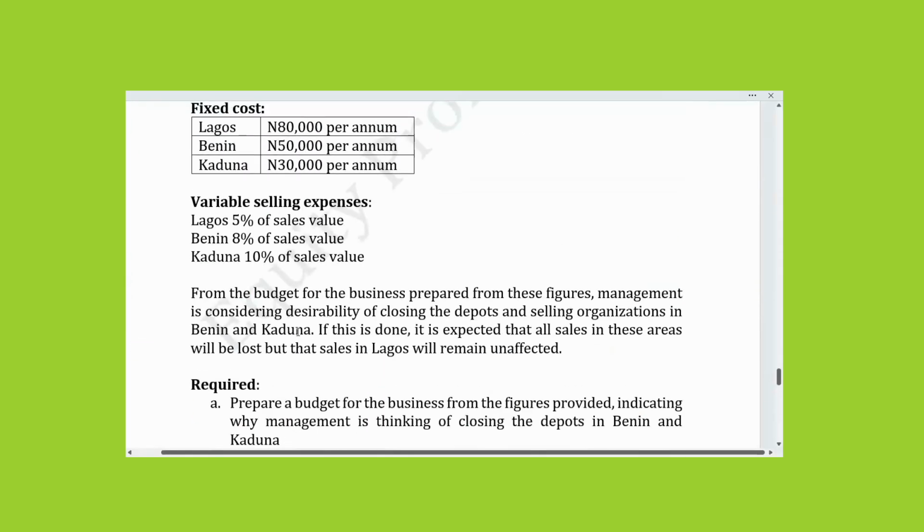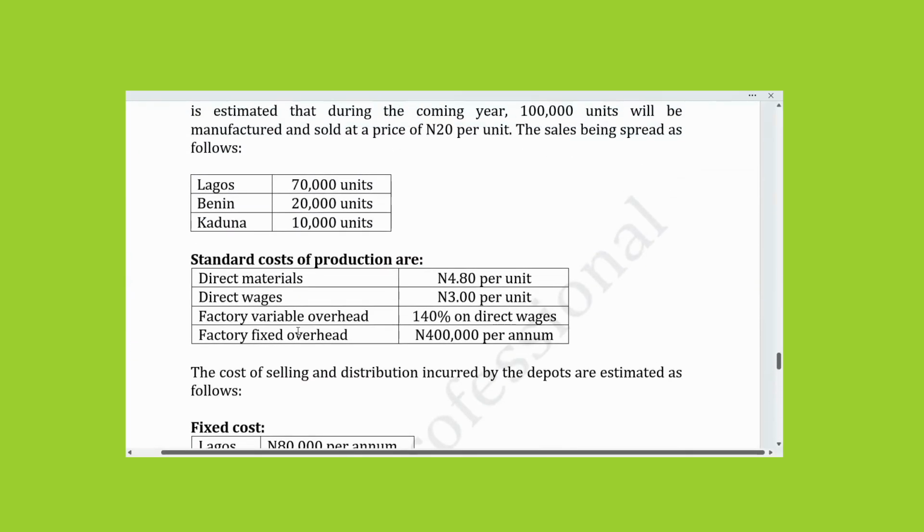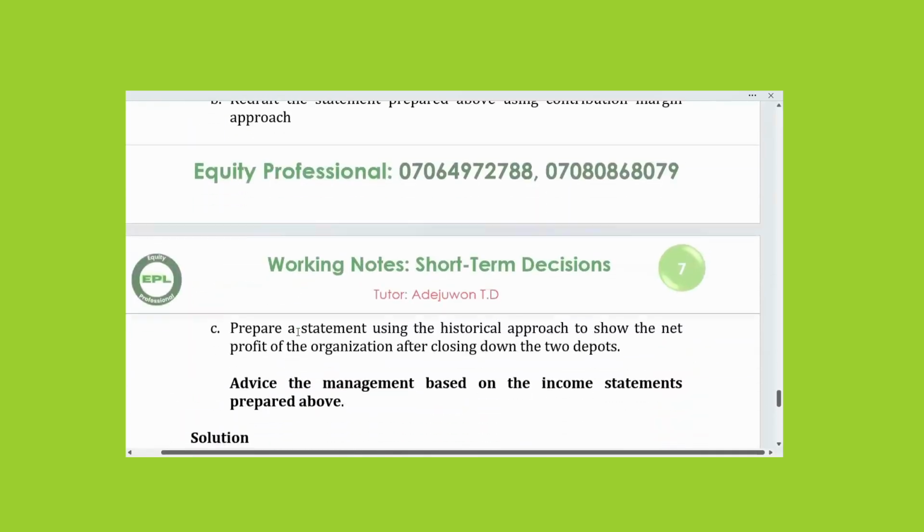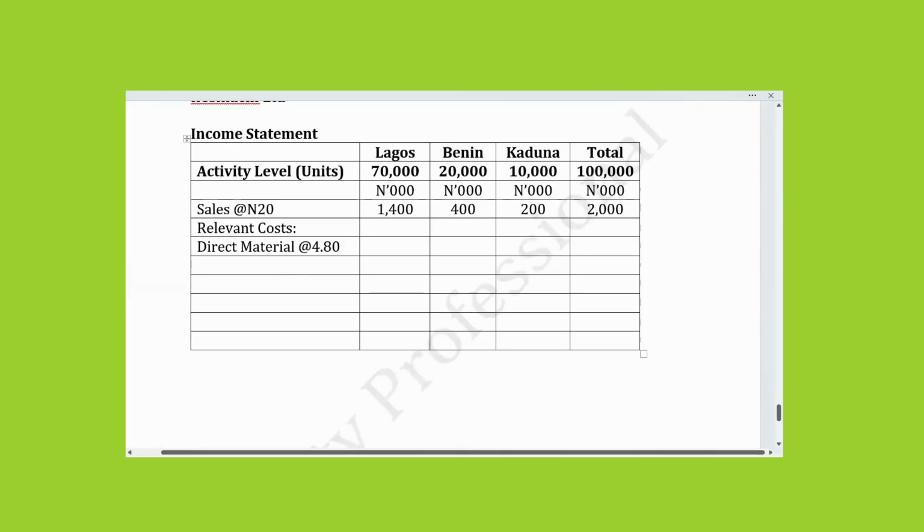Do we have direct labor? Yes, we have direct wages, 3 naira. Direct wages, that's a variable cost at 3 naira.